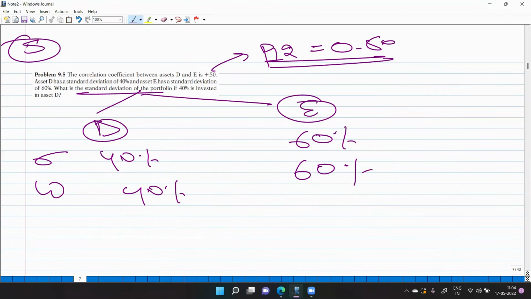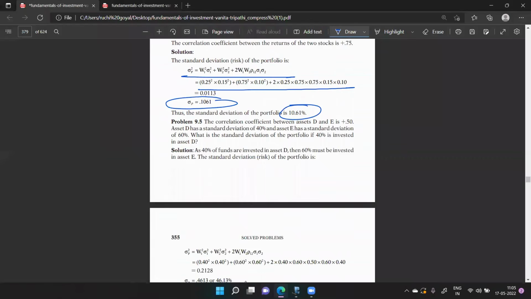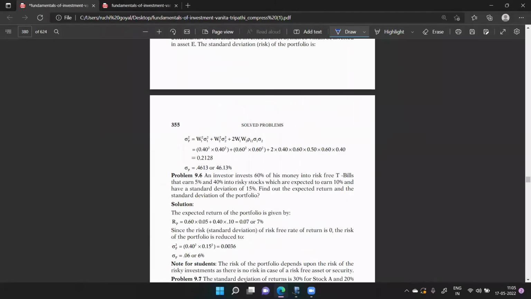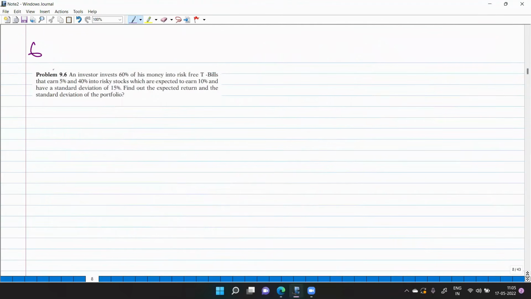What do I have to find? The standard deviation of the portfolio. Again, the same formula. Find out the variance, take the square root, all things have been given to you again. Very repetitive questions. Okay, put in all the given data, take the square root at the end, and you will get 46.13%. Sixth question.